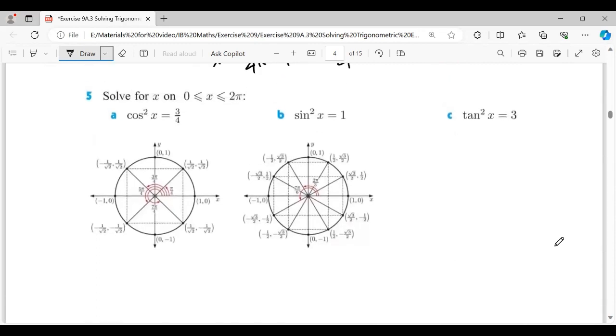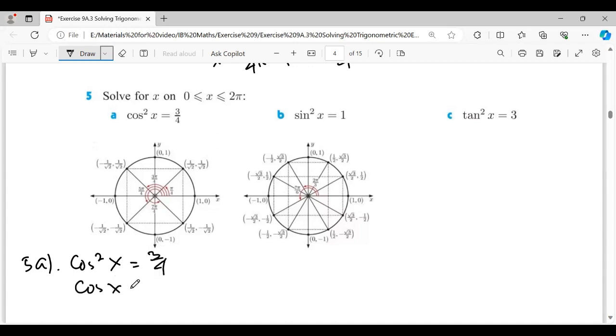Number 5, solving for x on the interval 0 to pi. So 5a, cosine squared x equals 3/4.